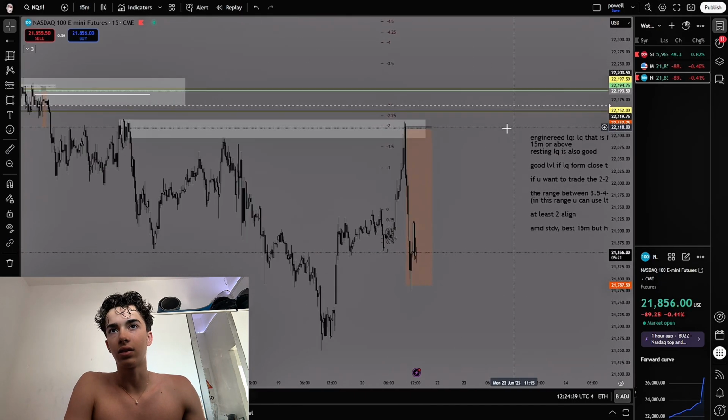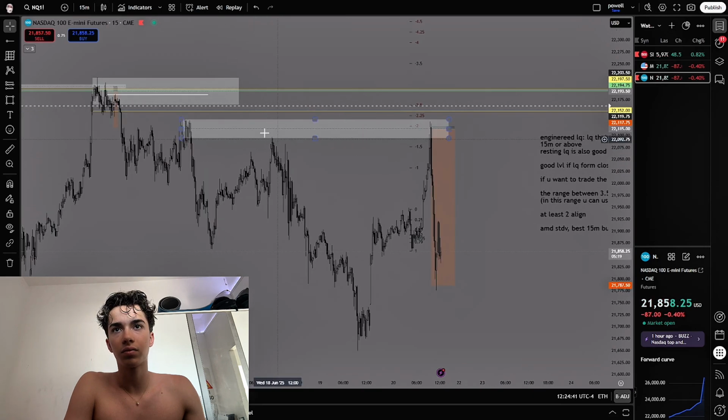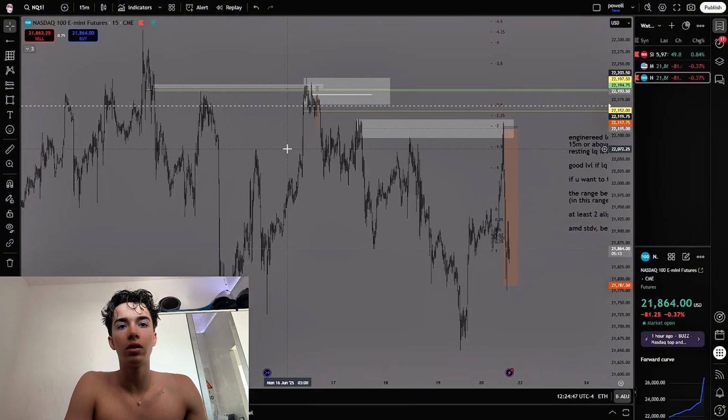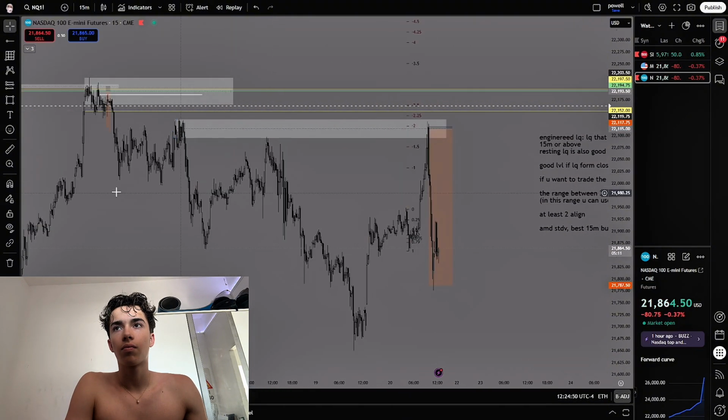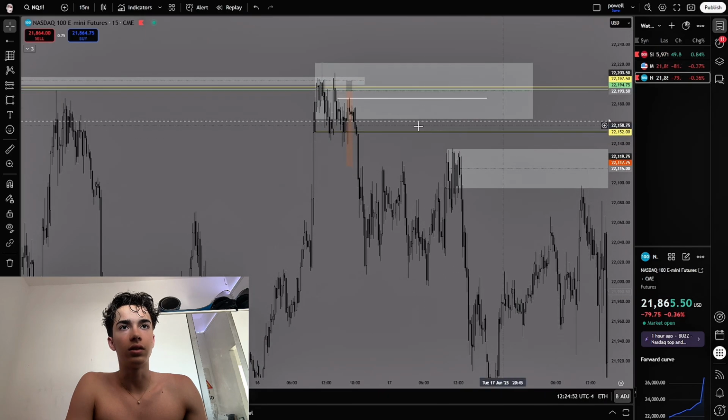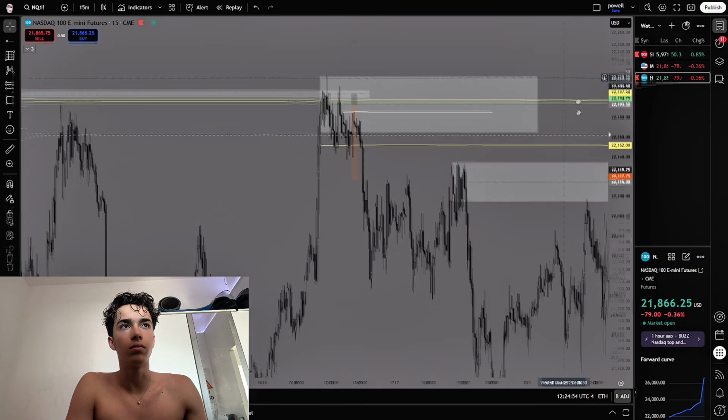So in this case, this was resting liquidity, and in this case, this is the white box.